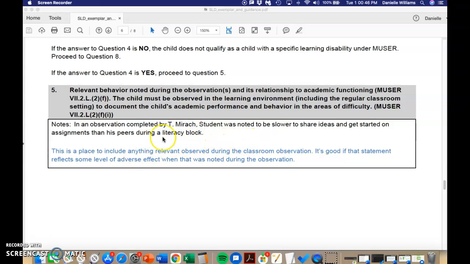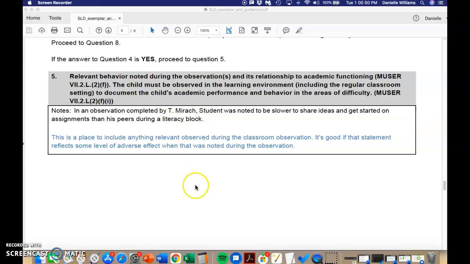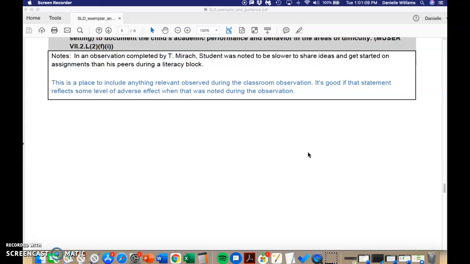But here's an example that one case manager, who I didn't keep very anonymous, sorry Ty, once used, which was that the student was noted to be slower to share ideas and get started on assignments than his peers during literacy. So that's the kind of thing you would put here. It doesn't have to be long. It doesn't have to be elaborate. Just a quick, what you noted during the observation that's relevant.